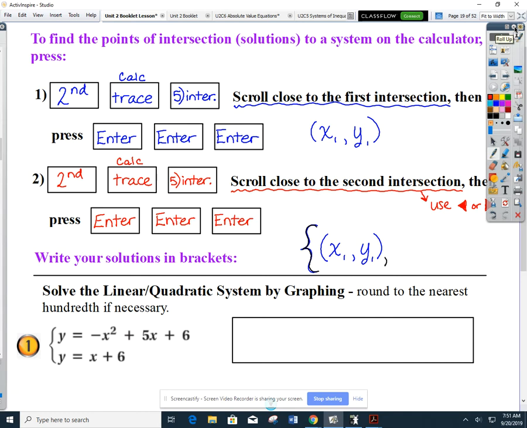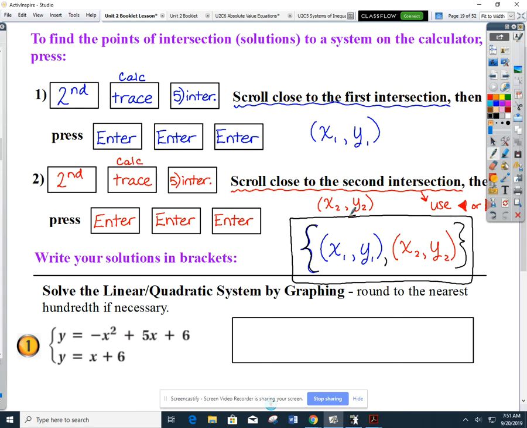Okay, so once you get the xy from the second point, we'll call that x2, y2. Once you know what it is, you write that in your brackets as your other solution, and then you close your brackets. So you write your solution in brackets. Your answer should be written like that.